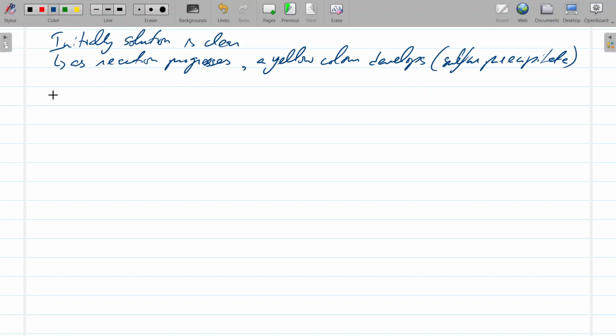And so what they do is they put the conical flask, well, that's actually a round bottom, so yeah, you put the conical flask on a piece of paper, right? And on that paper, they've put an X. So when they put the conical flask, it's made of glass, which is clear. The solution inside is clear, and so they can see that X, right? And as time passes, the reaction progresses, and you're getting that yellow color, that sulfur precipitate.